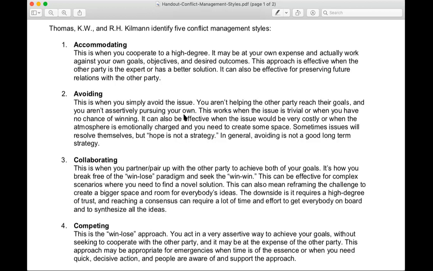So collaboration is a win-win situation. Okay. The downside of this is that it can require a high degree of trust and reaching a consensus that may require a lot of time and effort to get everybody on board so that everybody can get what they want out of it, or the other party or parties, and be successful.